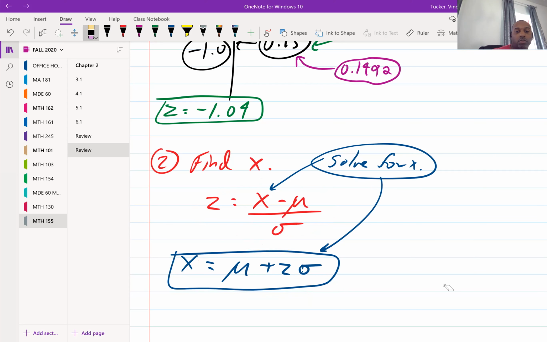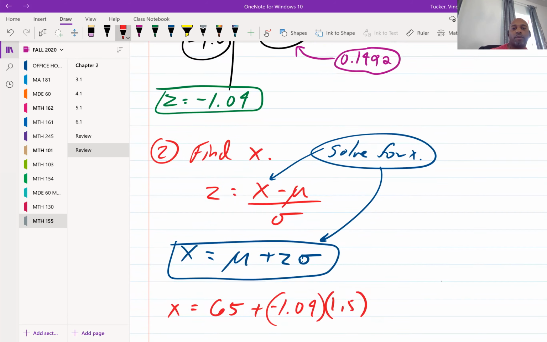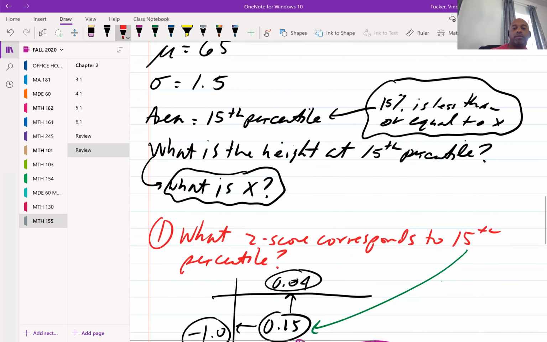All right, so now we can plug in those values. Our mean is 65. We found the corresponding z-score negative 1.04. And then the standard deviation is, I think it was 1.5. If I remember correctly. Yep.